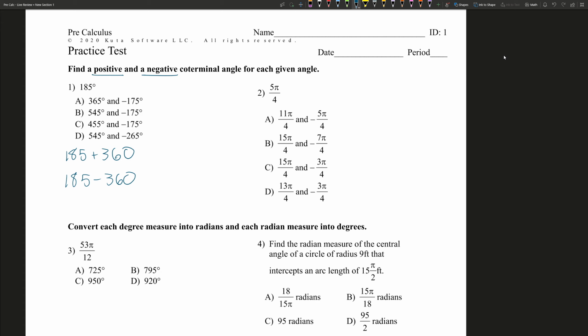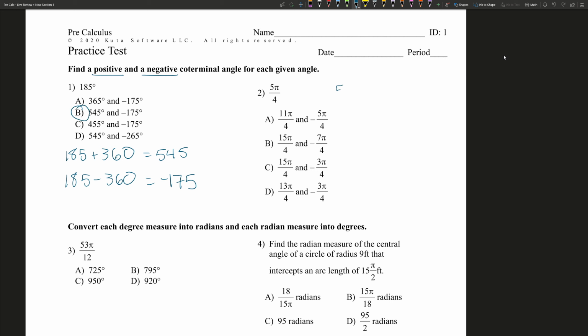So 185 plus 360 is 545. And then 185 minus 360 is negative 175. So then our answer is B.